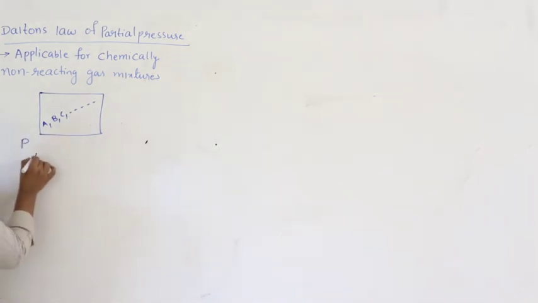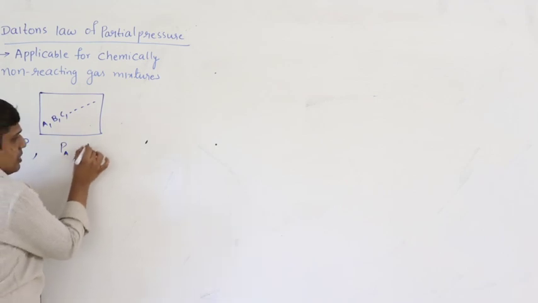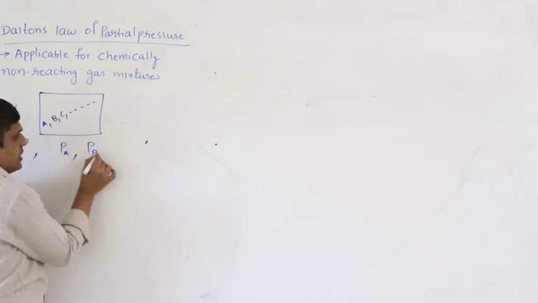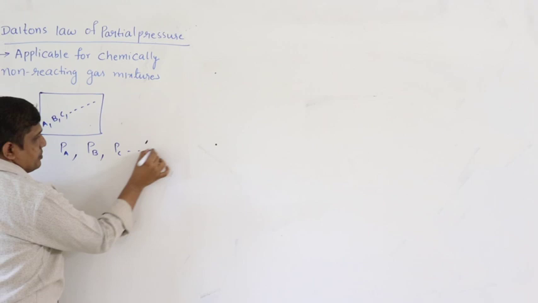Let Pa be the partial pressure of gas A. The pressure exerted by gas A is Pa, and the pressure exerted by B is Pb, and so on.